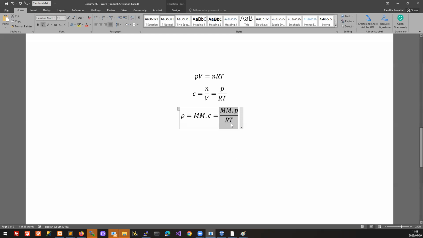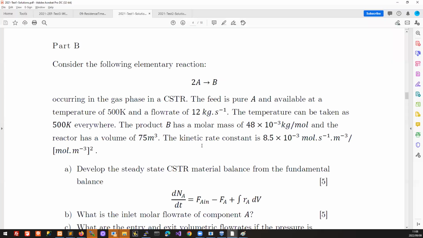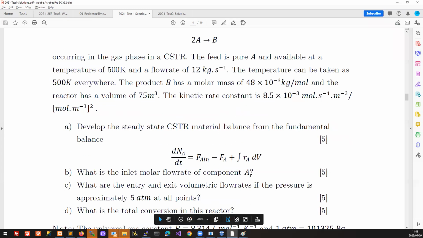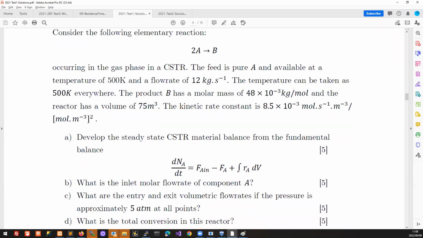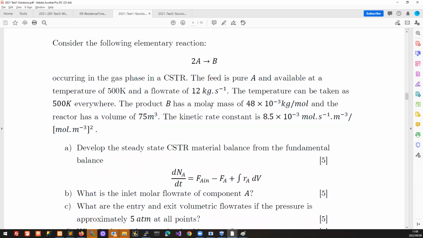Right, so that's density. Now, in the case of the feed, we have pure A, and we've just worked out the molar mass of A, and I think we have the pressure. Do we have the pressure? Temperature of this feed is pure A, temperature, molar flow rate. So we don't seem to have the pressure and the reaction.